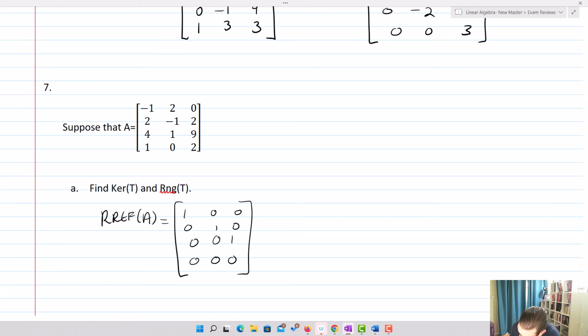So the null space of A is equal to the 0 vector. And that means that the kernel of T is also equal to the 0 vector.